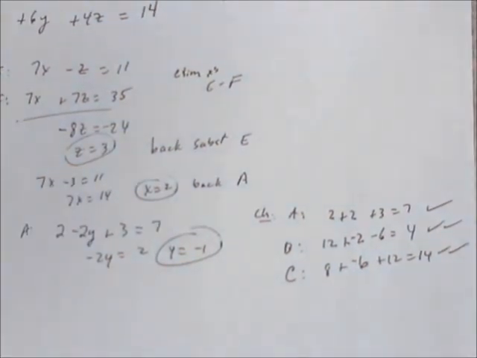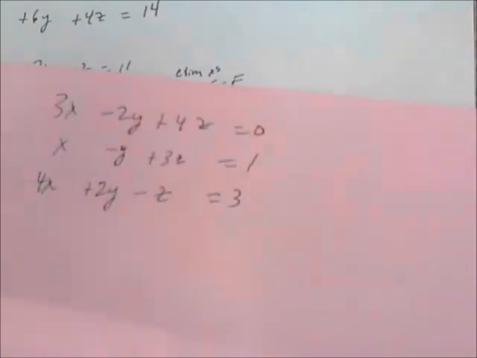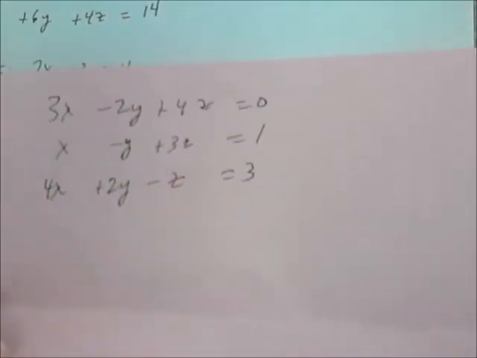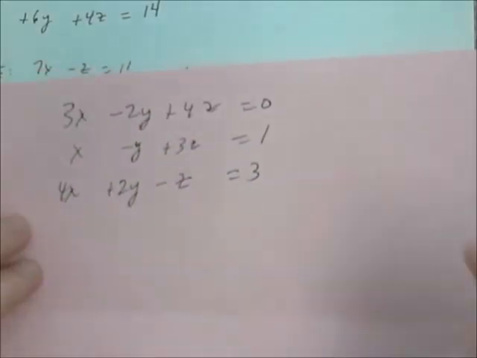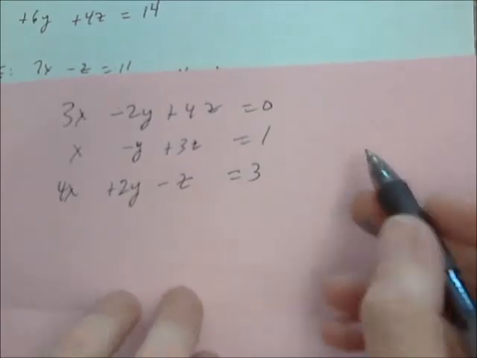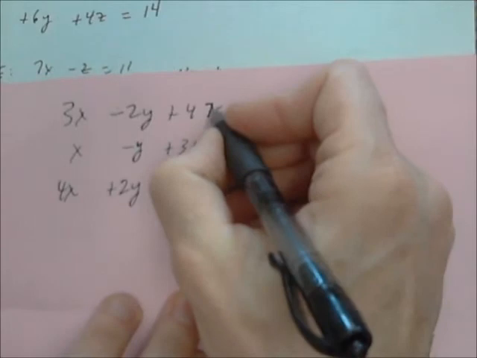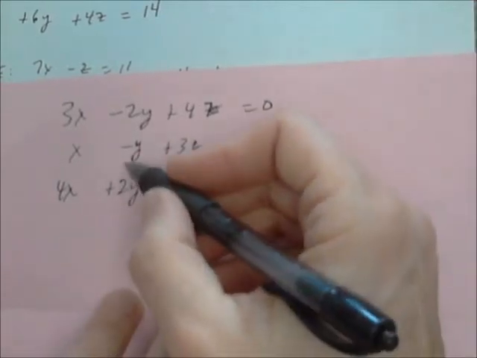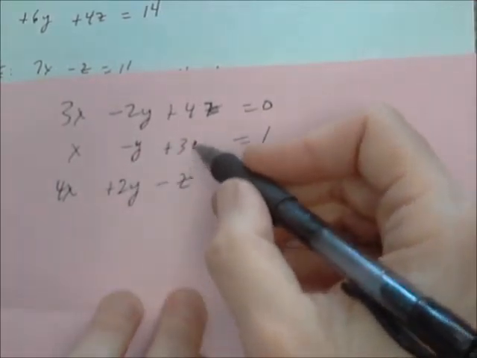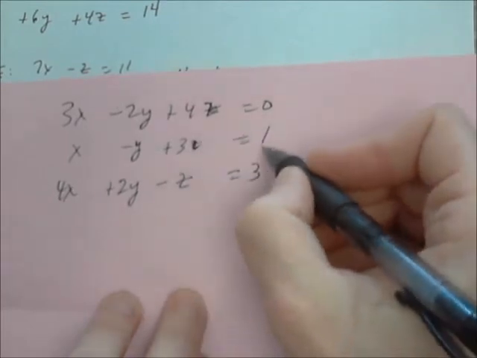And then if you want to try one on your own, I have one for you. I have a lot of them that you could try. But if you want to try this one, it's similar to the other ones. 3x minus 2y plus 4z equals 0. x minus y plus 3z equals 1.